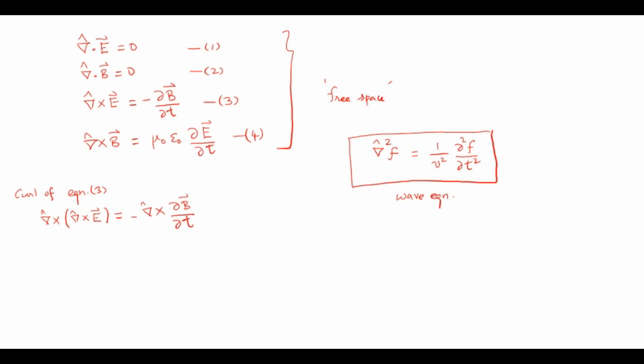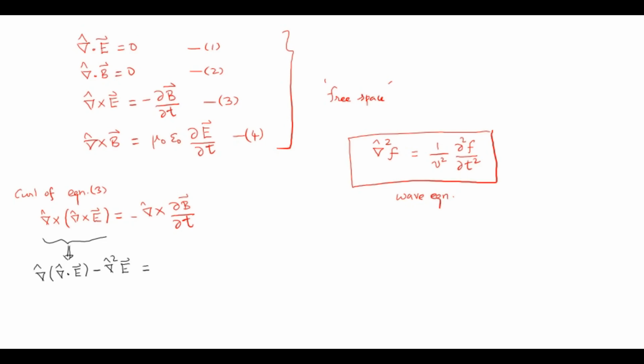Let us use the vector identity. When I have curl of curl of E, the left hand side can be simplified as gradient of divergence of E vector minus del square E vector.